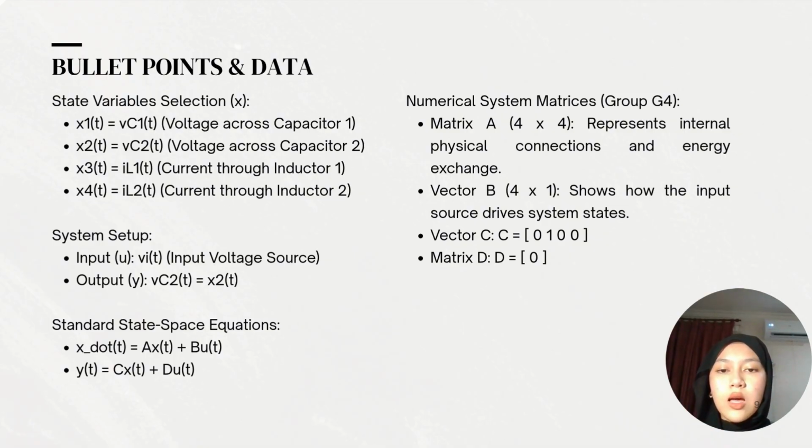Vector C acts as the extraction row defined as 0 1 0 0, which targets our second state variable. Lastly, matrix D is a zero matrix, indicating no direct feedthrough from input to output.